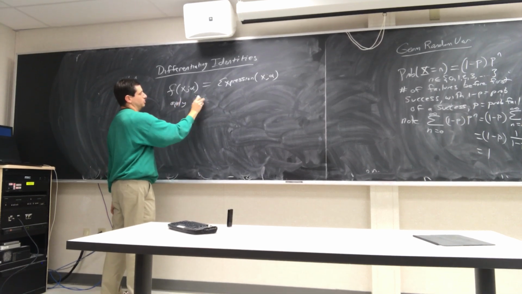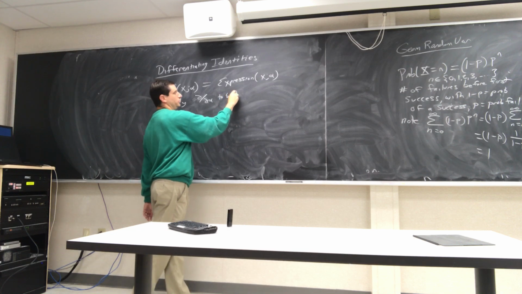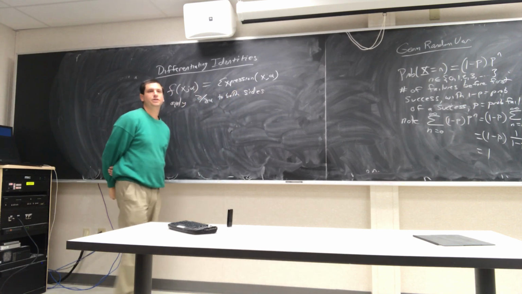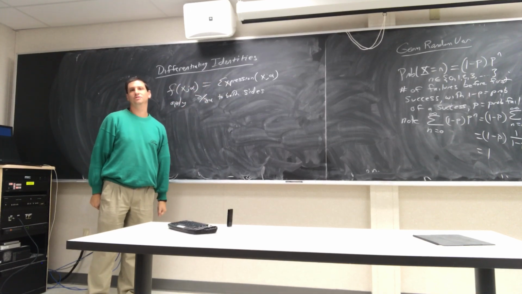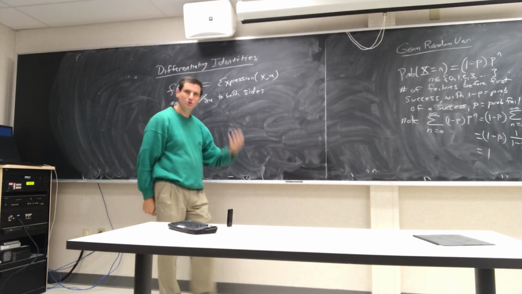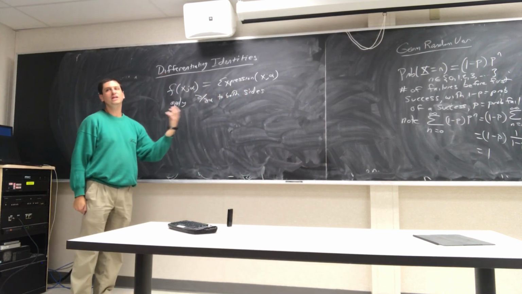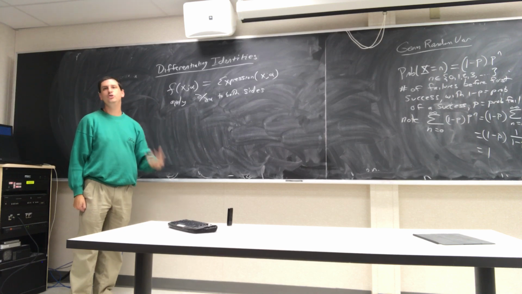Oh, actually, this should be partials. Partial with respect to alpha to both sides. And the idea is, if you can calculate both sides independently, they must still be equal. And this allows you to generate new identities from old identities. So rather than proving the theorem in full generality, let's just show how to apply this to a huge collection of problems.